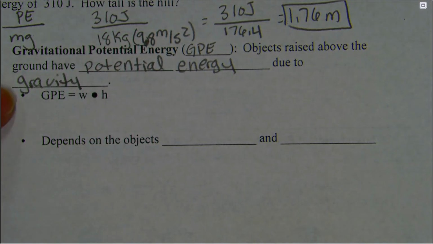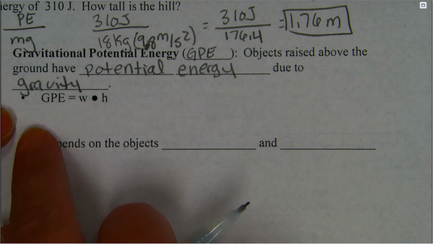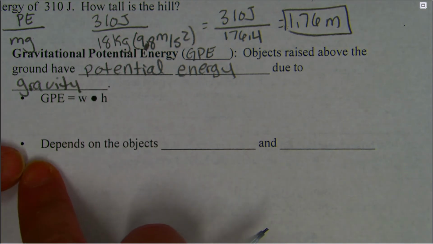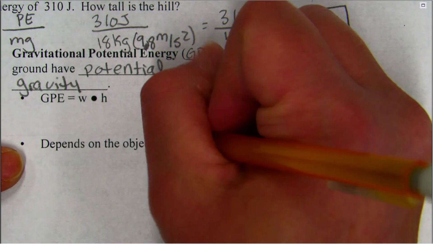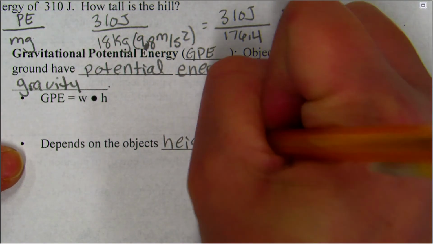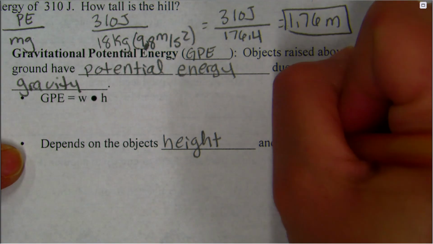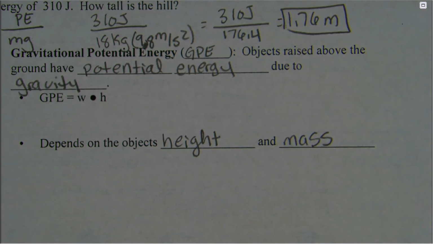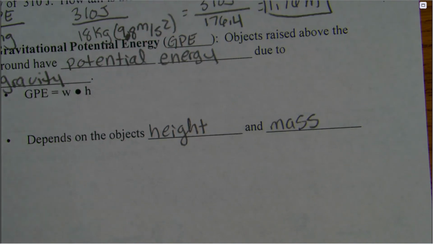And again, the higher up we go, the more potential energy there is. So let's look at this. It is going to depend on the height of the object. And it is going to depend on the mass of the object.